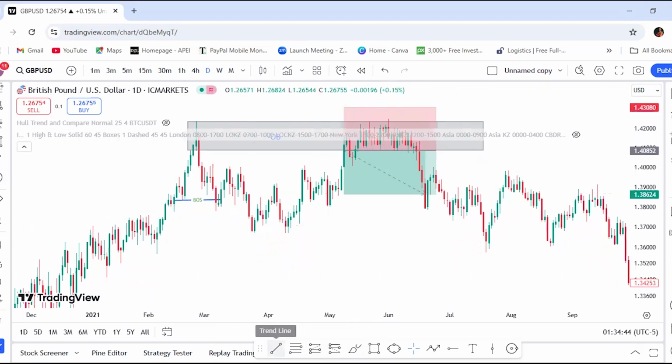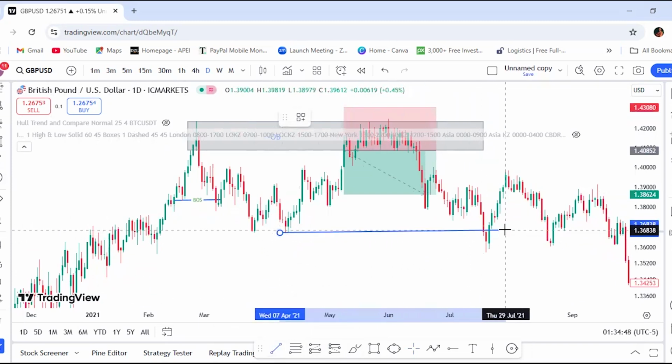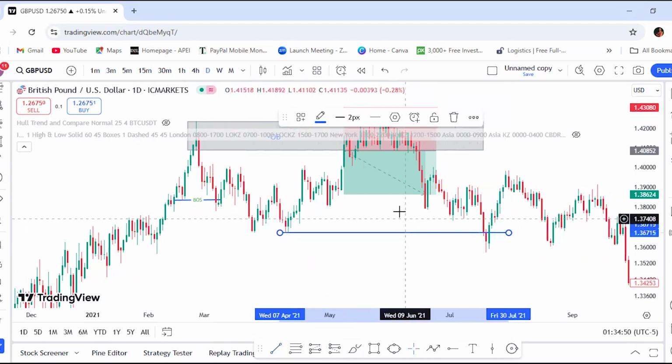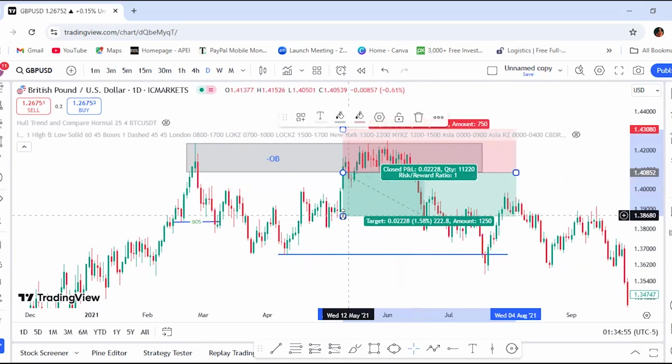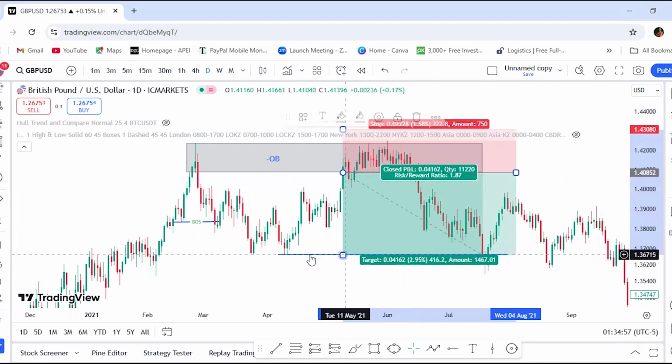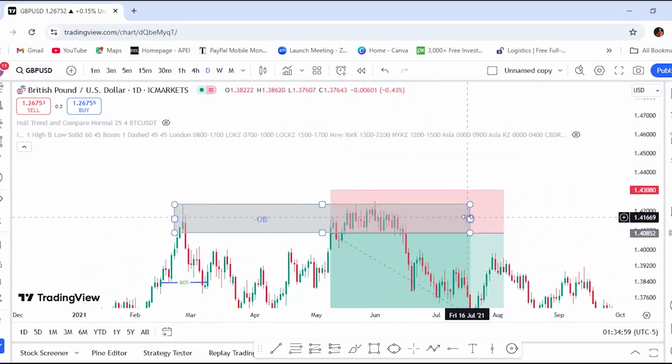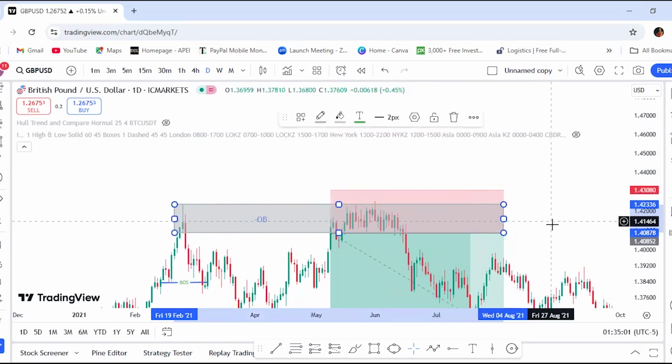So maybe we can target the swing lows here. We can have that as our TP. This is how the setup will look. So that is the TP. Then we have our stop loss. How are we going to put our stop loss here?